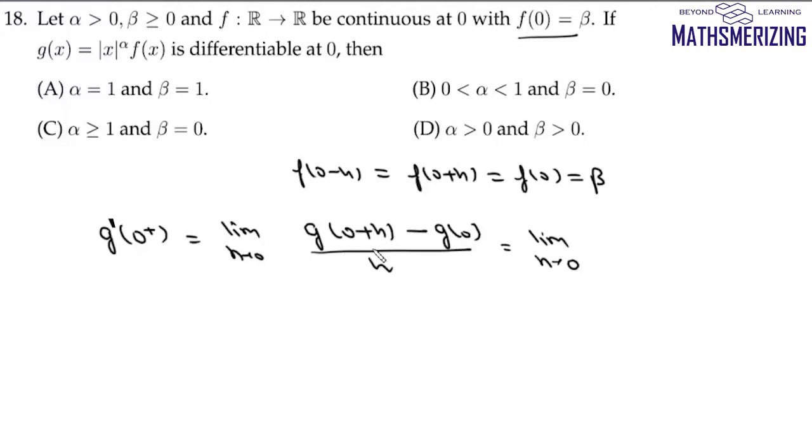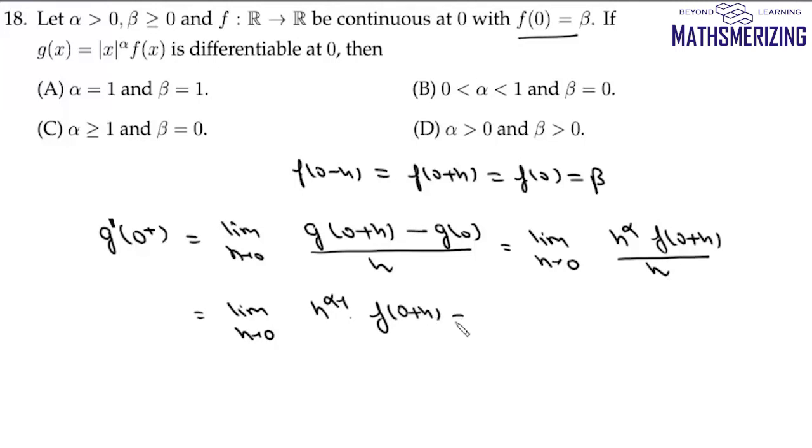Now here it will be gh, and gh is h to the power alpha into f0 plus h upon h. So we can write this as limit h tends to 0, h to the power alpha minus 1 into f0 plus h, which is nothing but beta. So it will be limit h tends to 0, h to the power alpha minus 1 into beta.